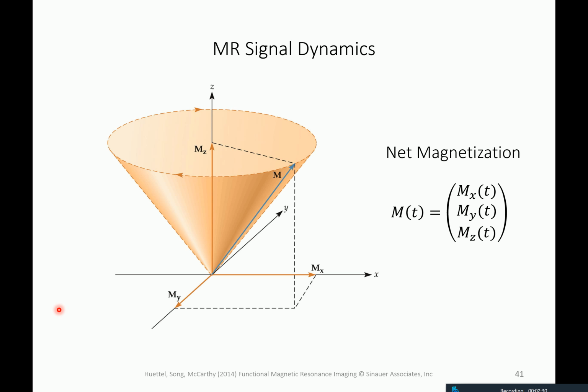So they align, for example, with the B0 field, which is along which direction? The Z direction, exactly. And Z direction in terms of MRI means from feet to head.